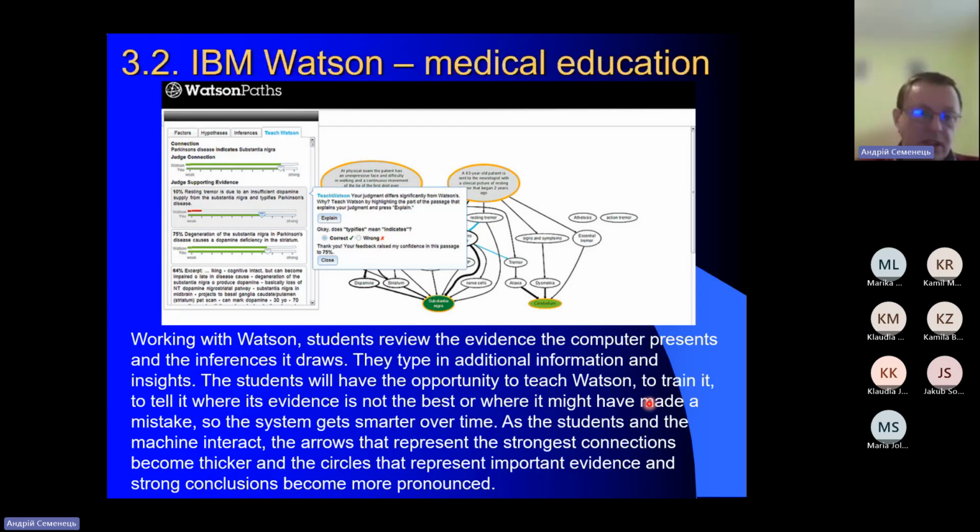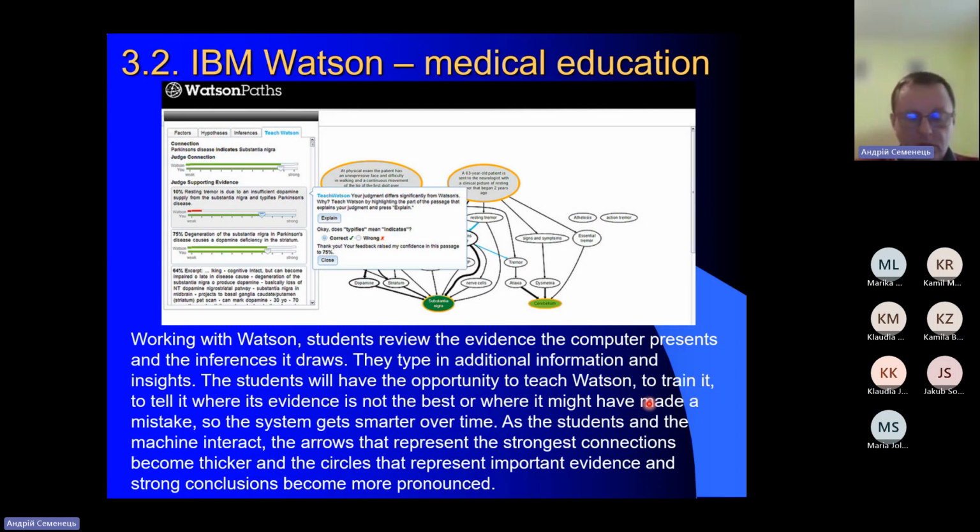Special components were also developed for the medical education process, which allow visualizing a clinical case and the relationship between diagnosis, symptoms, and rules, as well as conclusions, outcomes, and so on.